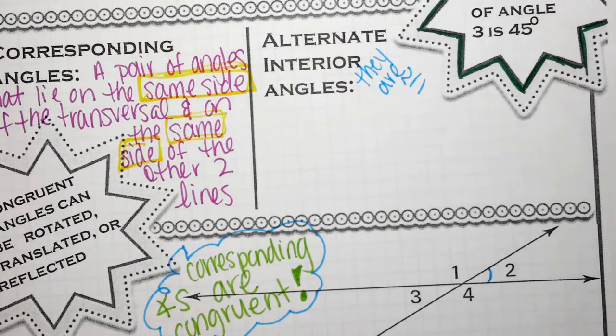What does alternate make you think of? Like, they can be switched. Switch, right? Okay, and interior means what? Inside.